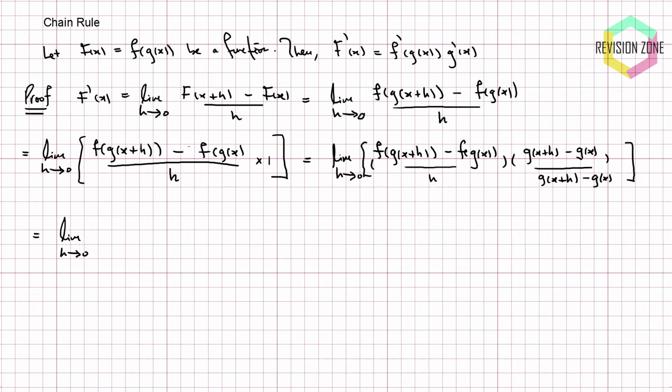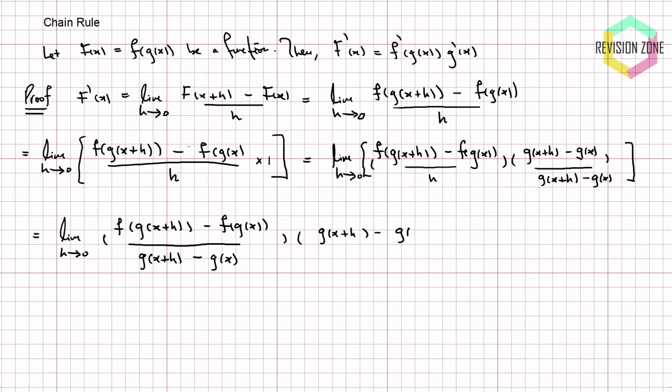So I'm going to say f of g of x plus h minus f of g of x, over g of x plus h, take away g of x. And then there's a bracket here, which is g of x plus h, take away g of x, and the whole thing is over h, and that's what we have. And then I have these big brackets.